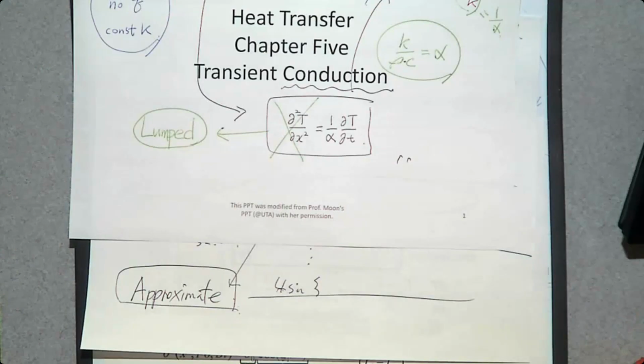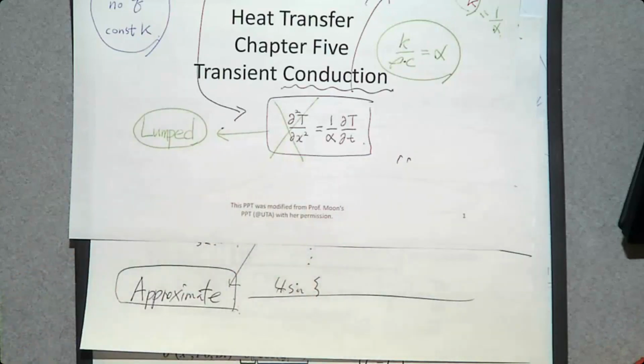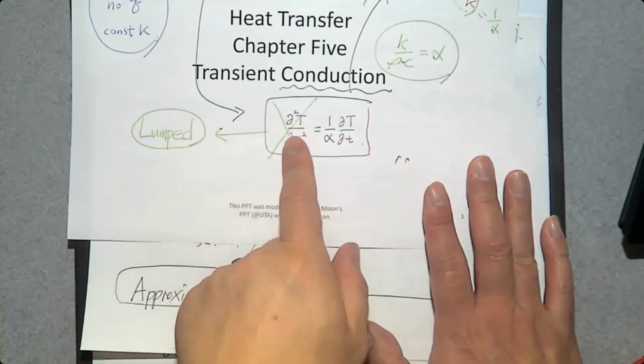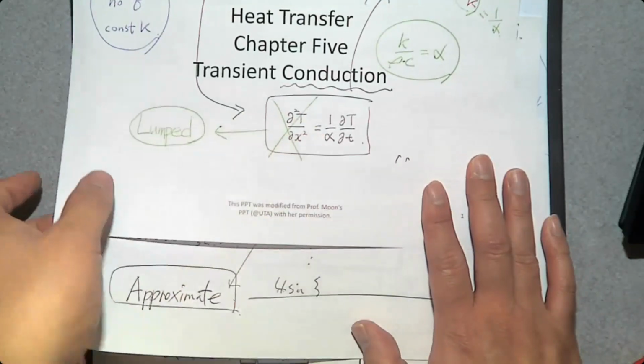Now you get the idea. Then let's start with the lumped method. What is the lumped method? We assume that the time-dependent term dominates the heat transfer, not the heat transfer in space. I get that, but what is that in reality? We need to understand when we can neglect the heat transfer in space.